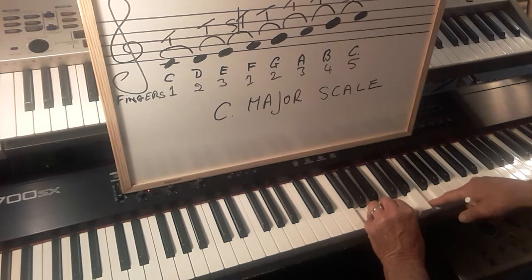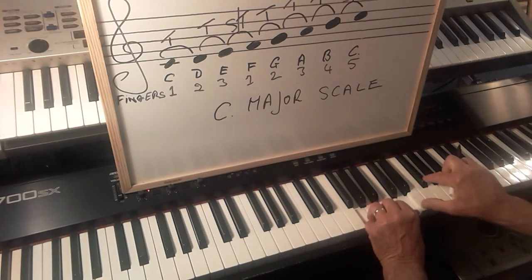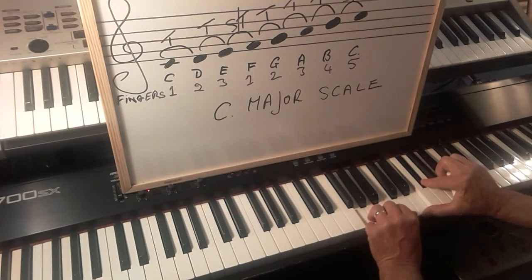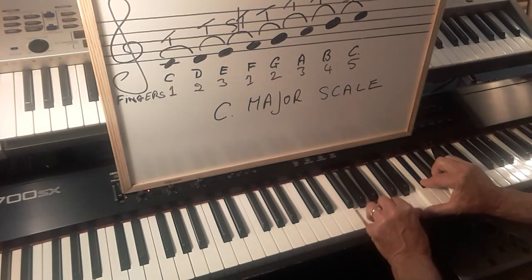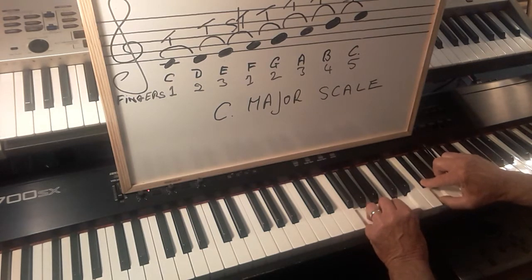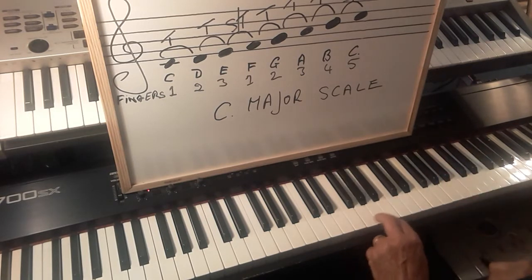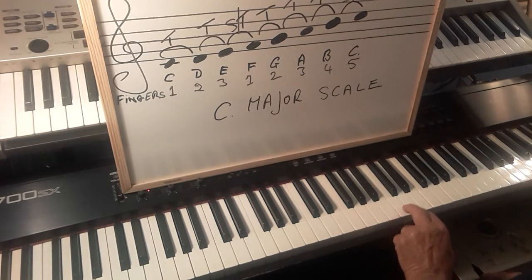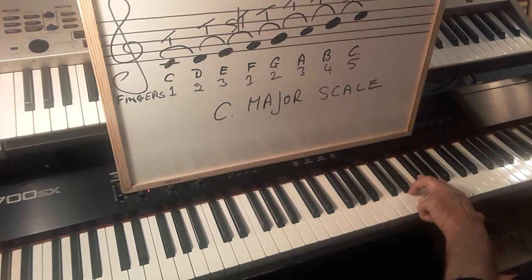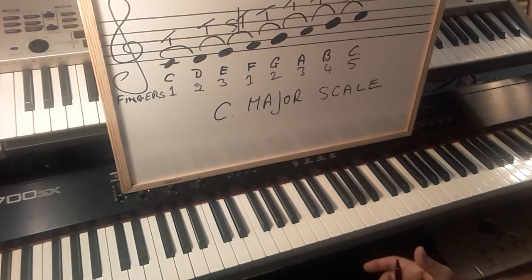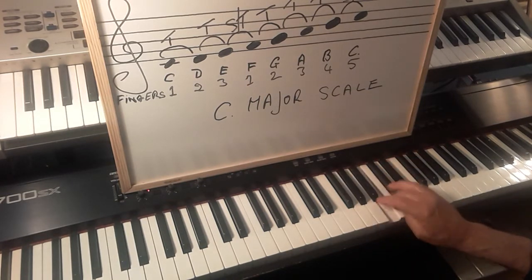We have to raise the F to F sharp to give us that tone. And by raising that to F sharp, it automatically gives us the semitone we want for G. So it's tone, tone, tone, tone, tone, semitone, tone, tone, tone, semitone, and that's the structure, exactly the same.